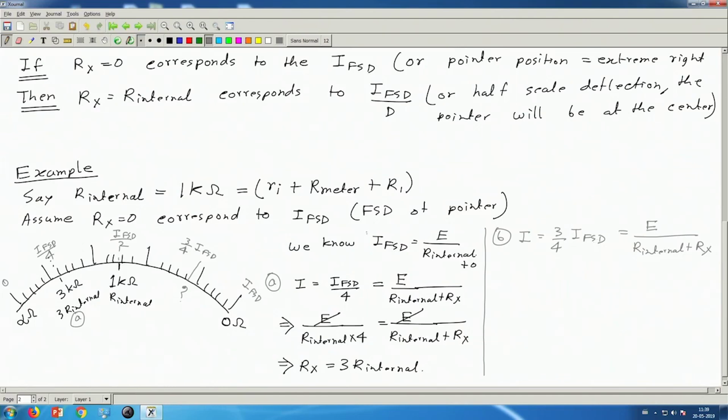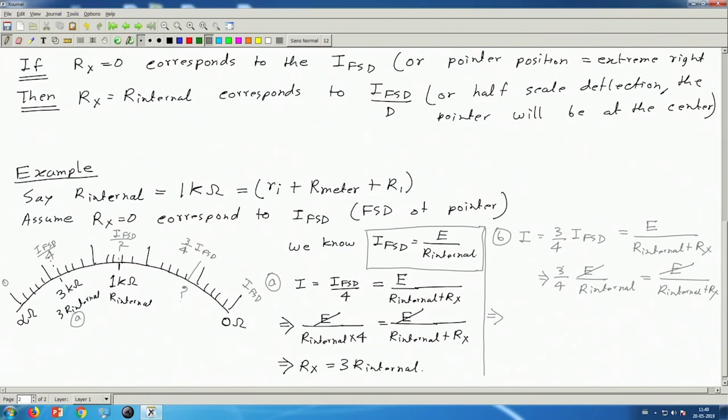IFSD we can write from this equation as 3/4 of E divided by R internal, same as E by R internal plus Rx. Let us cancel E from both sides.